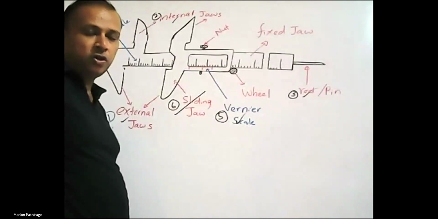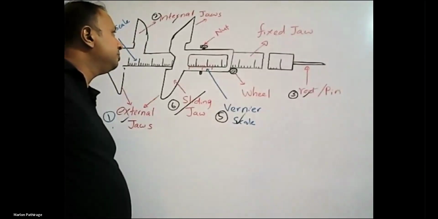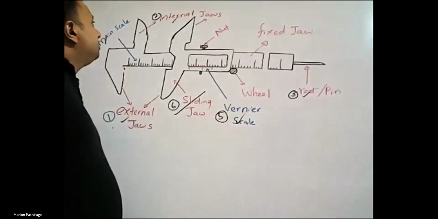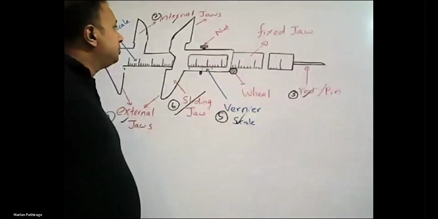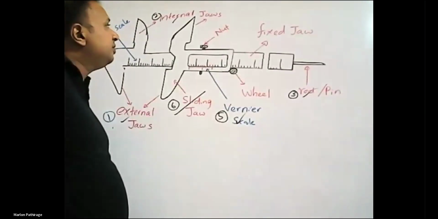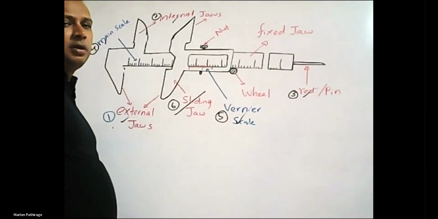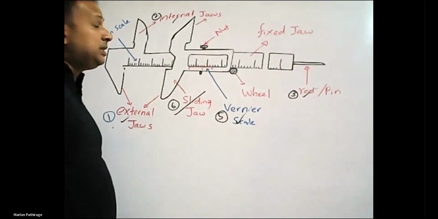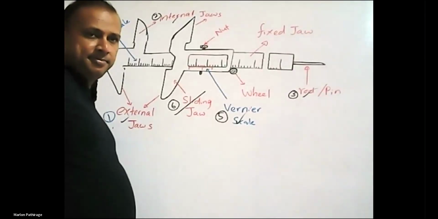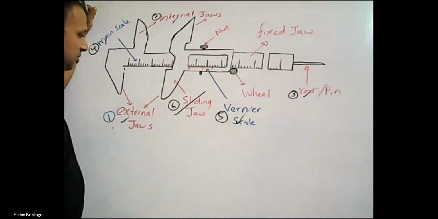The sliding jaw includes a part of the internal jaws and the external jaws.